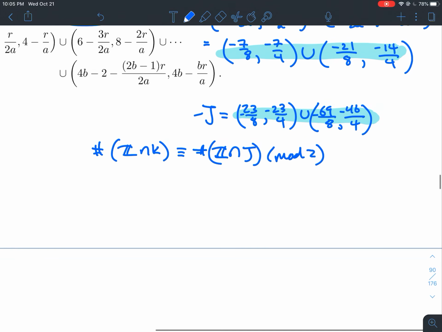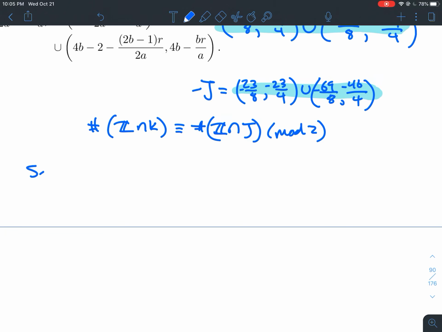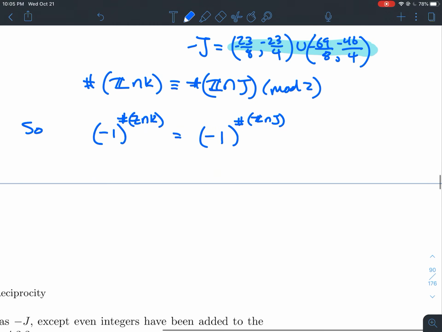Let me finish that. Got a little bit ahead of myself here. So minus 1 to the number of things in z intersect k would be equal to minus 1 to the number of things in z intersect j. And again, what I'm trying to say now is that that's exactly the Legendre symbol of A mod P on the right from what we just did, and on the left, this is the Legendre symbol of A mod Q.